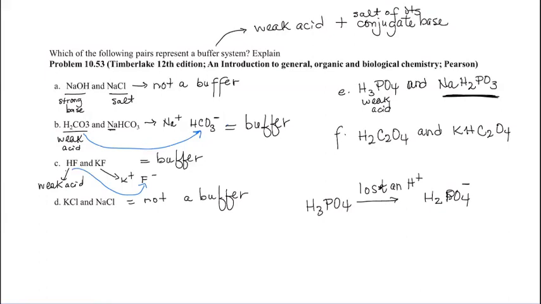But like it says in the chat, thank you, Elle. The question says NaH2PO3. We didn't start with phosphorous acid. We started with phosphoric. Oh, okay. It has to be the salt of its conjugate base.